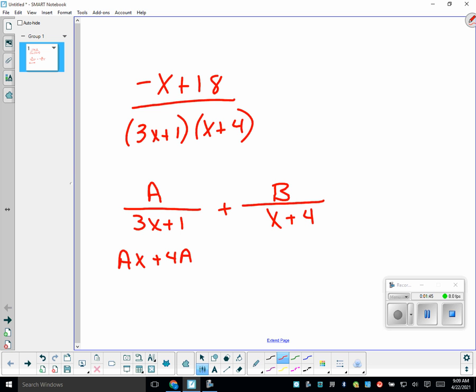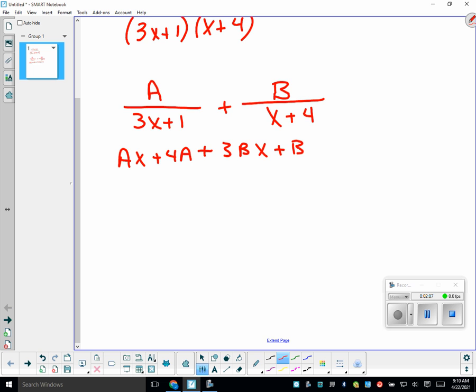I multiplied A by x plus 4. Plus, because I have a plus between them, what would I multiply my B by? 3x. Do you all agree? So I have 3Bx plus B.